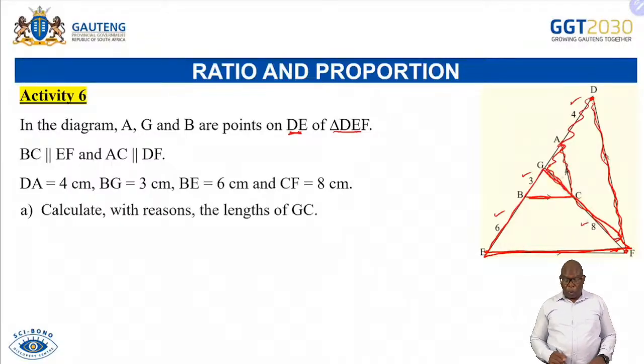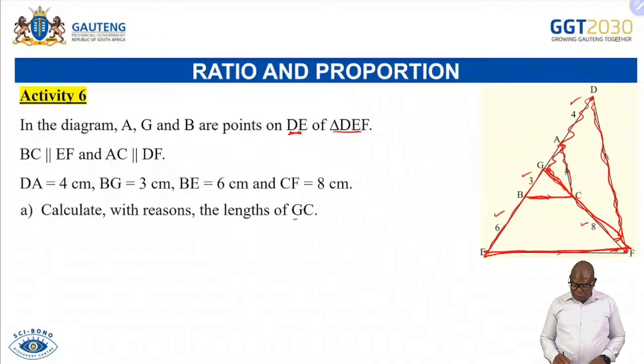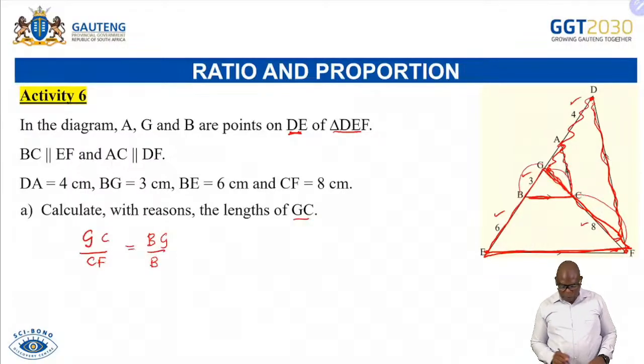Okay. So in which triangle am I going to be working with? Triangle GEF. So in triangle GEF, because I'm looking for GC, I'll use GC over CF will be equal to BG over BE. BE, yes.